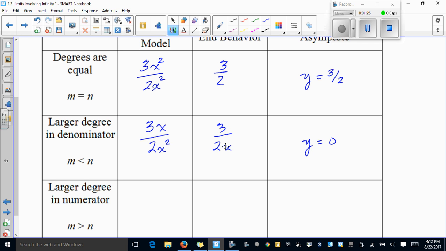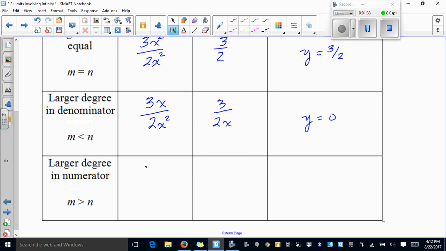And then the last one is the numerator is larger, so say 3x squared over 2x. This is going to give you 3x over 2. This one has no horizontal asymptote because the numerator is still larger. So what happens is as this number gets bigger and bigger and bigger, the 2 has very little say in what's happening to it.